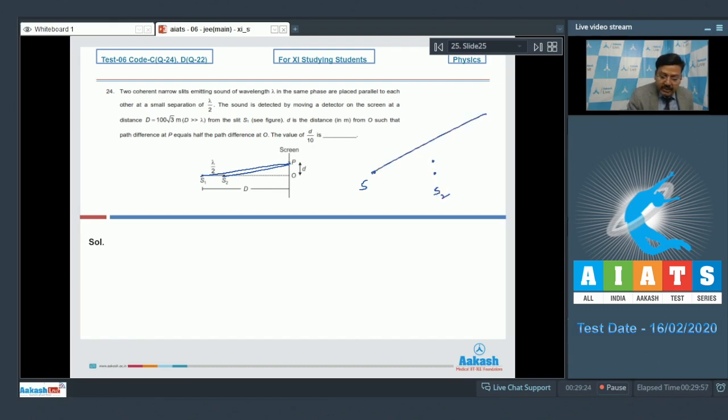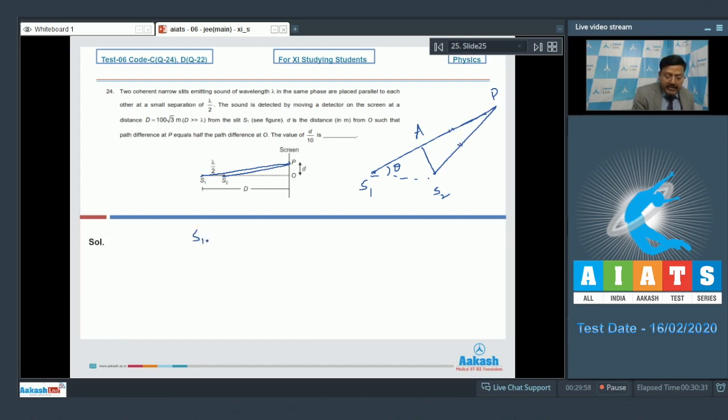So we draw a perpendicular, and let's say this P is at a large distance. If this angle we take as theta, this is S1 and this is P, let's call it A, then at point P the path difference between the two sources would be S1A. We have just drawn a perpendicular from S2 to A, and these two lines can be taken almost as parallel.